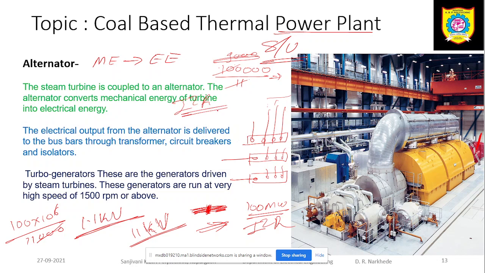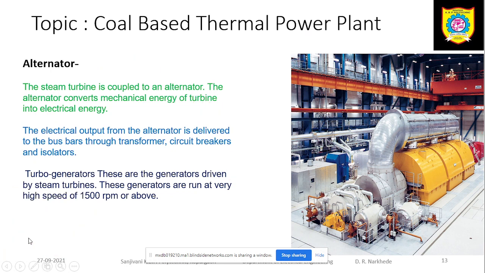So what we do is reduce this by increasing the voltage. Instead of transferring the power at 11 kV, we transfer the power at 400 kV, or at 220 kV or so. Let us see the effect of transferring the power at this high voltage. If I increase the voltage to 400 kV, that is 400 into 10 to the power 3, and this is 100 into 10 to the power 6.